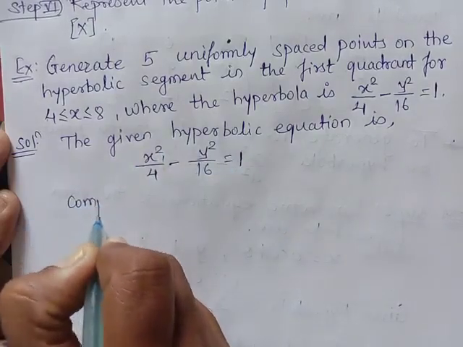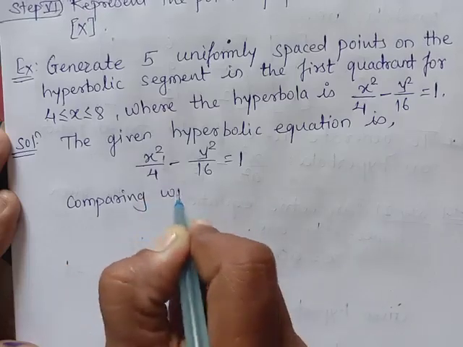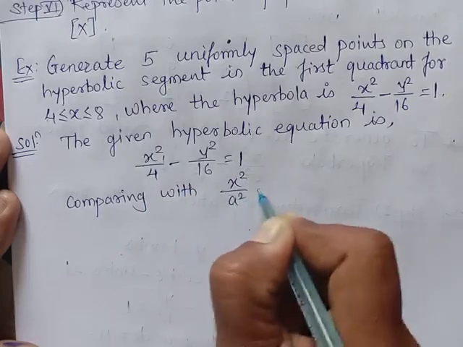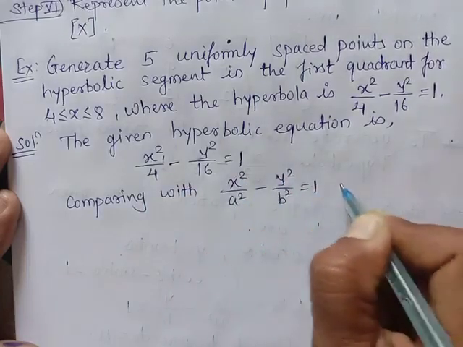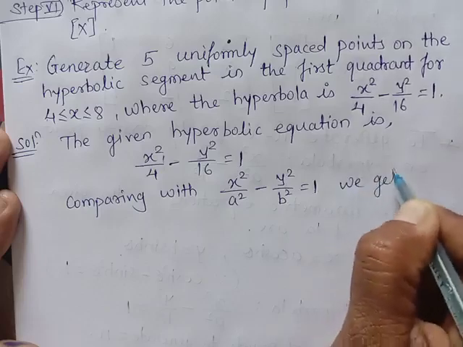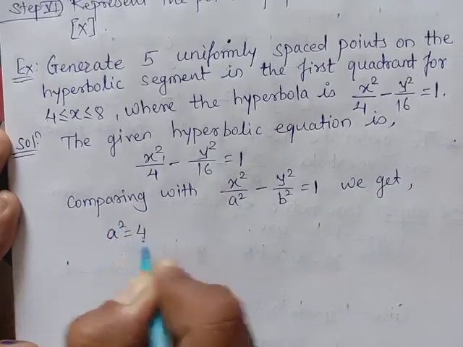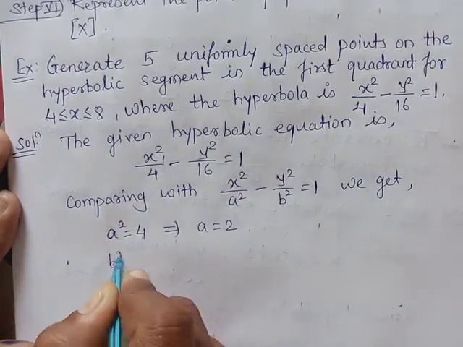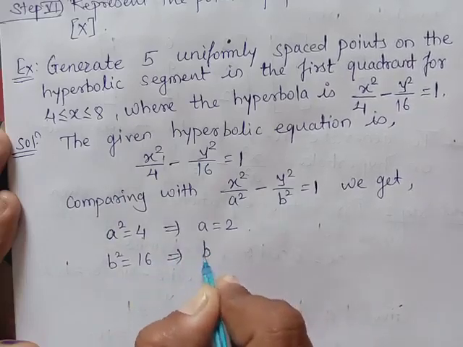Comparing with x square by a square minus y square by b square equal to 1, we get a square equal to 4, which gives a is equal to 2. B square equal to 16 will give b is equal to 4.